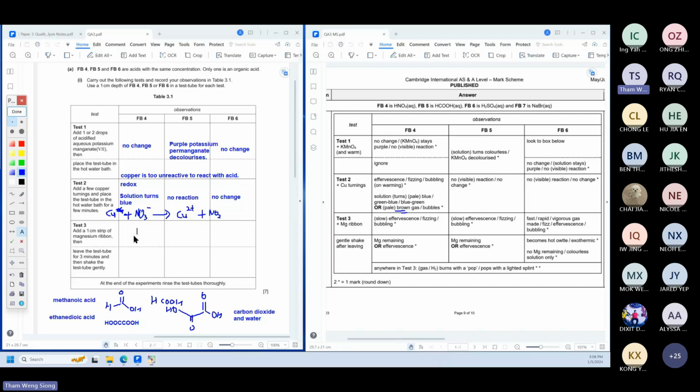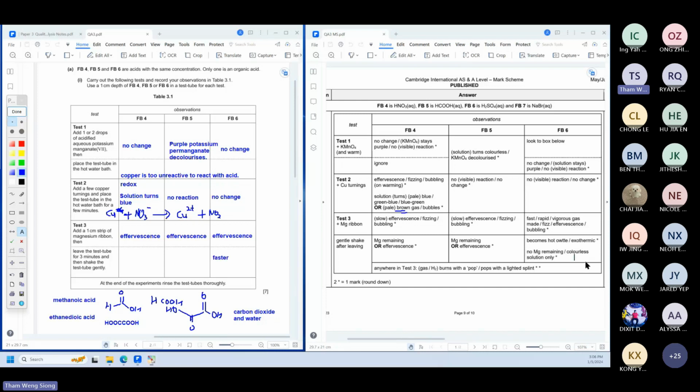Now, this one is actually very hard to see. All 3, because they're all acid, are going to get effervescence. And this one will be faster. So this one will react.